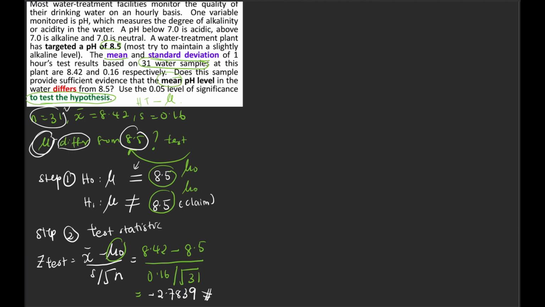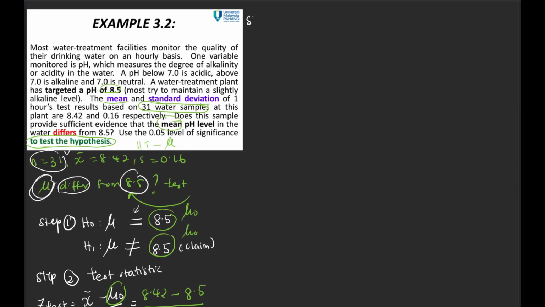Okay, step number 3 is your critical region. In the critical region, you have to determine your hypothesis, one tail or two tail. So we look at the hypothesis again. Our hypothesis symbols are equals and unequal.